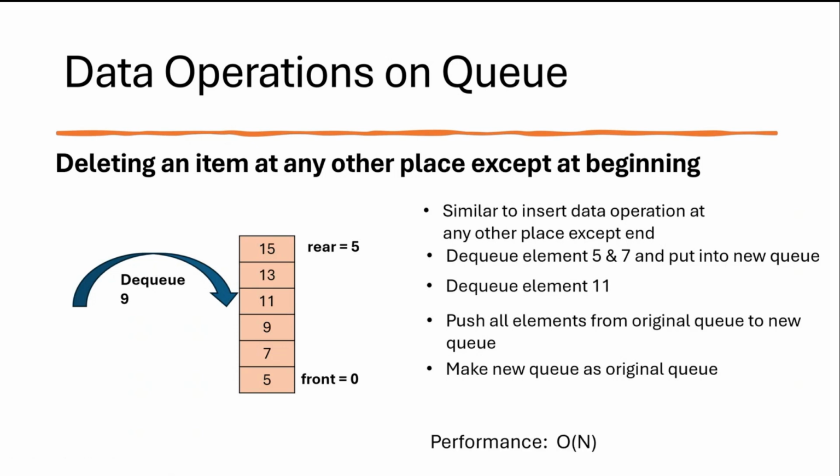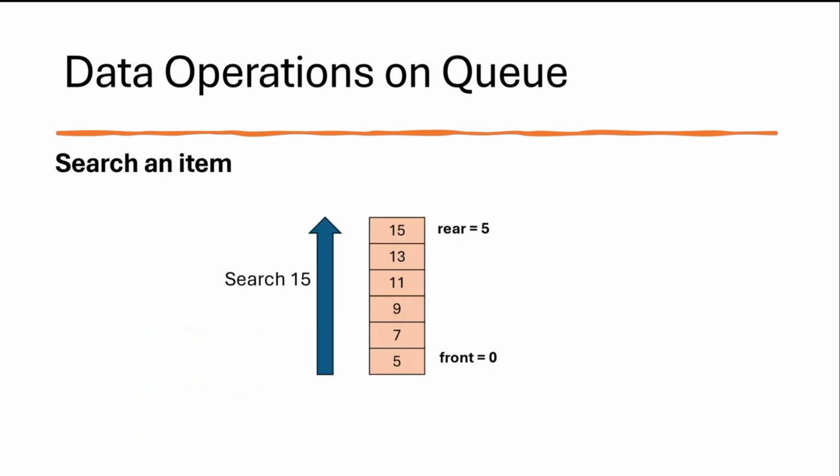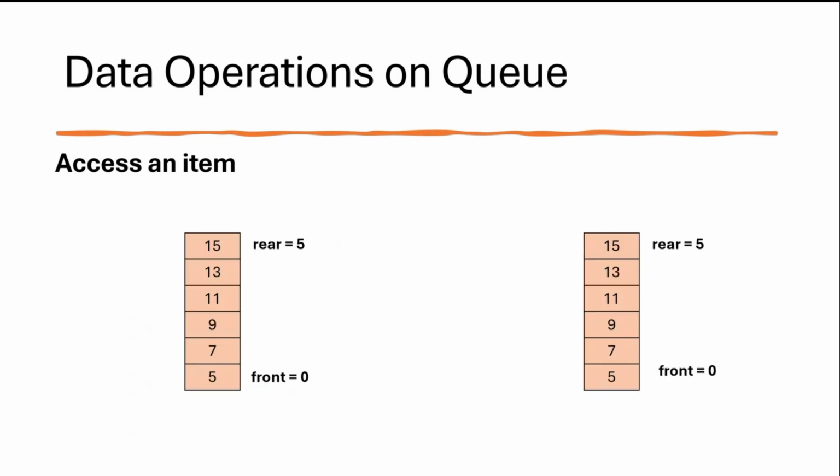That's why the performance is often similar to insert, because in the worst case it will have to move all the elements, right? Search an item. In this case also, if you want to search for 15, you will have to parse the whole queue, right? That's why the performance is O of n. When we want to access an item in a queue, if we access the element at the front or rear, then it is O of 1, because these methods are exposed.